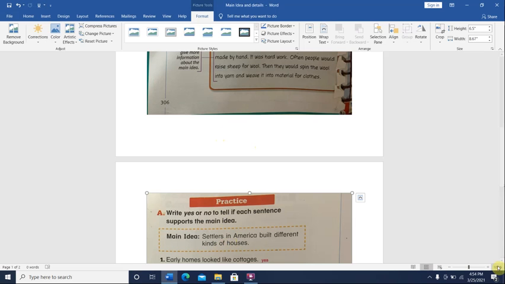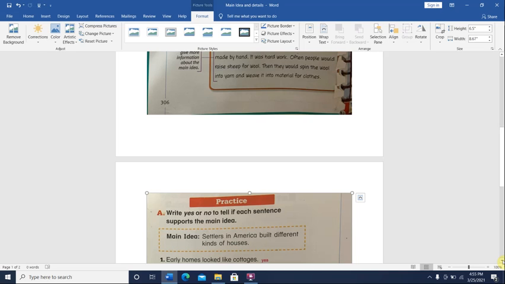It says the main idea is settlers in America built different kinds of homes. Settlers are people that settled in America and they built different kinds or types of homes.